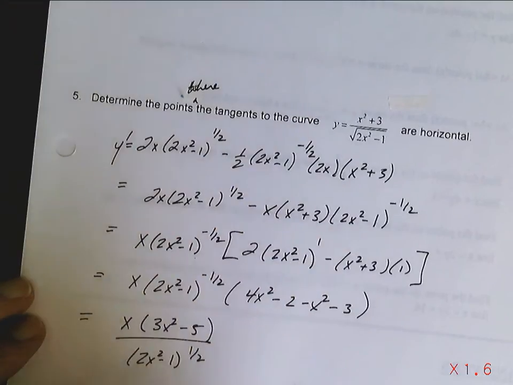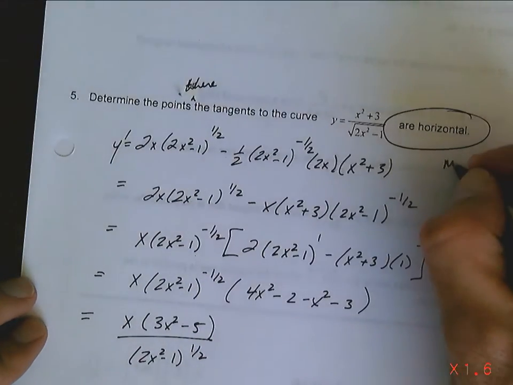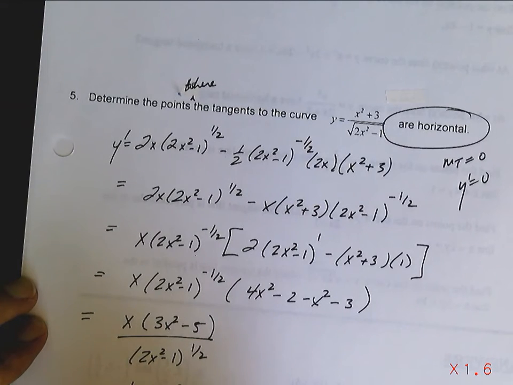So anyway, notice that we want where the tangents are horizontal, so that means that the slope of the tangent is 0, which means that the derivative gets set equal to 0. So we're going to set equal to 0. So it's going to be x, (3x squared minus 5) over (2x squared minus 1) to the 1/2.